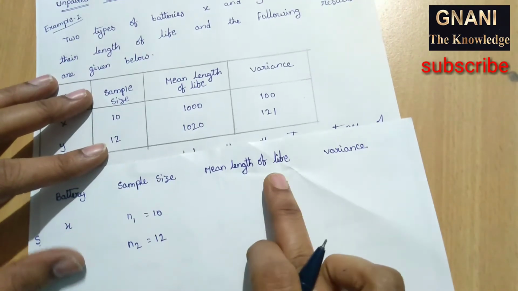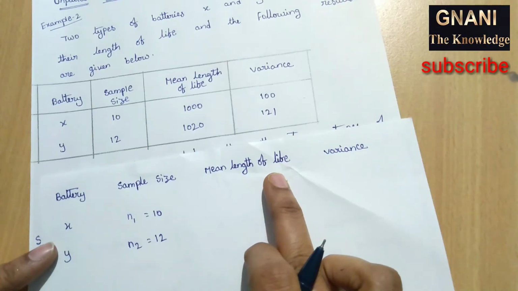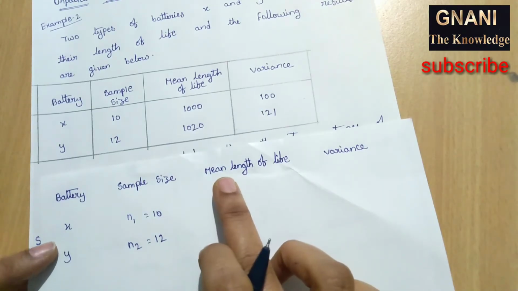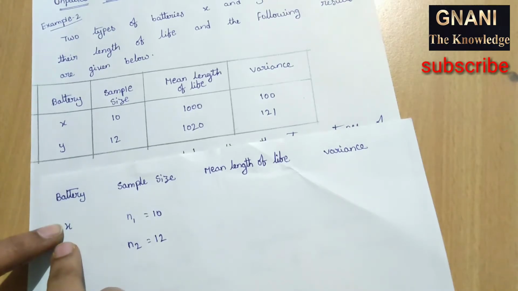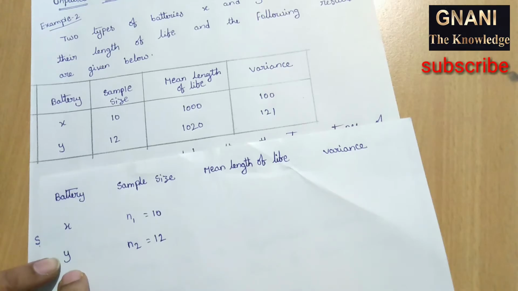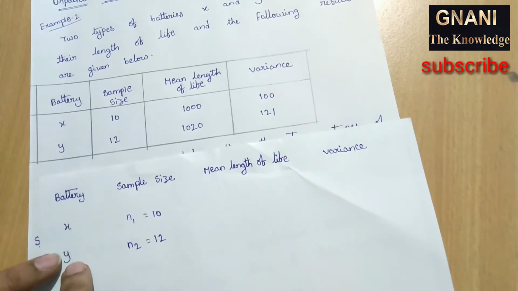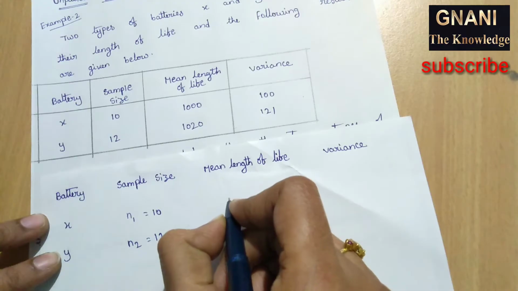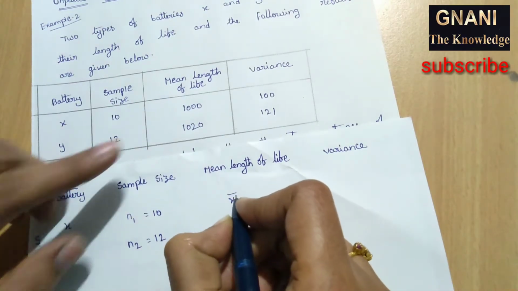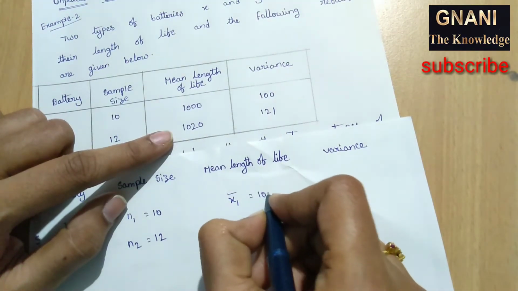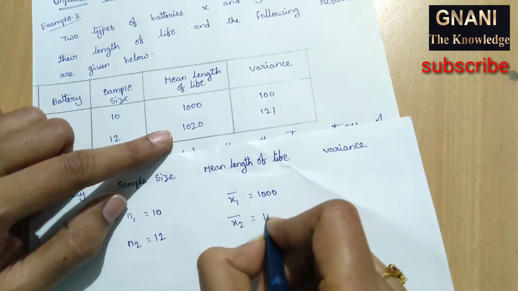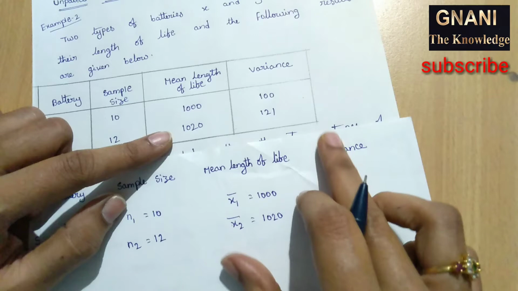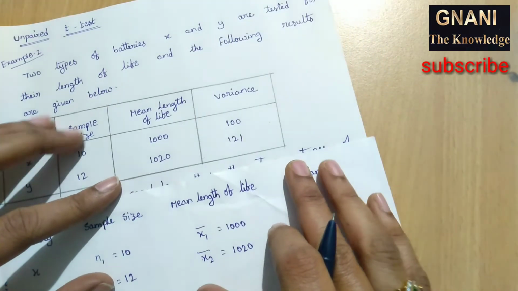Here the mean length of life, the mean, is nothing but x bar and y bar. Battery X is denoted by x1 and battery Y by x2. So x1 bar equals 1000 and x2 bar equals 1020.